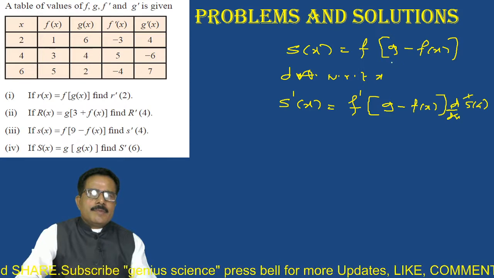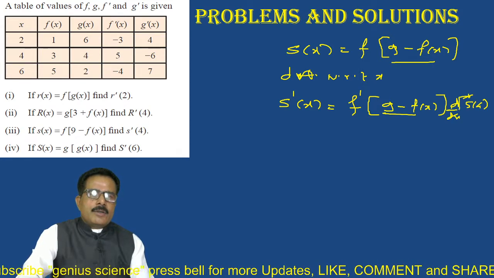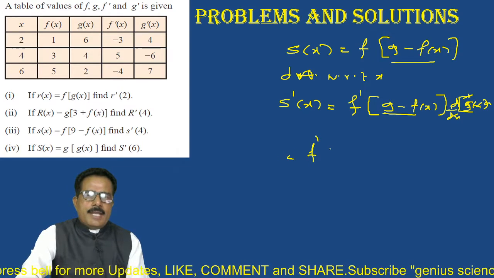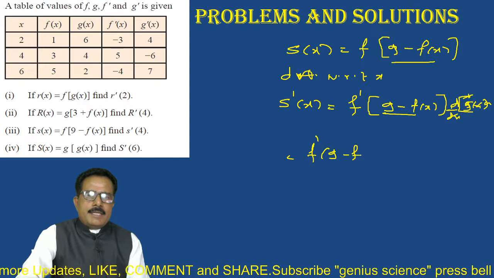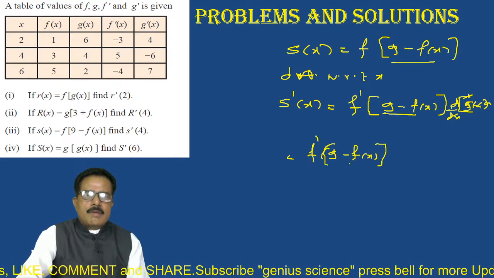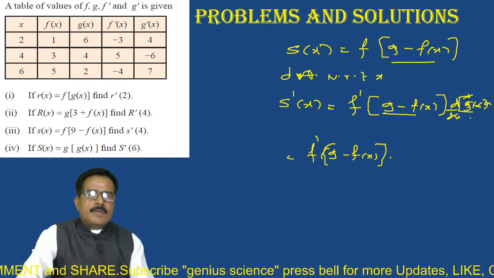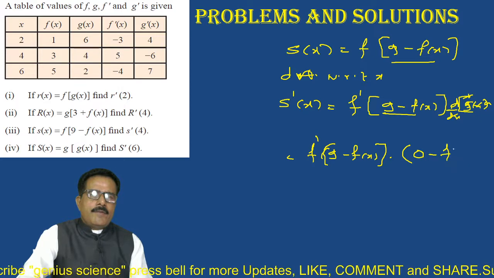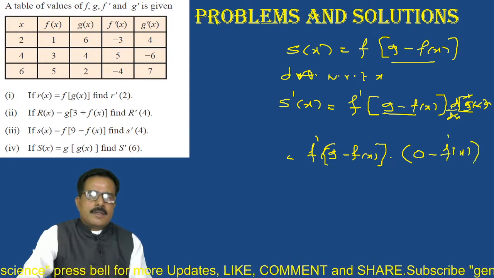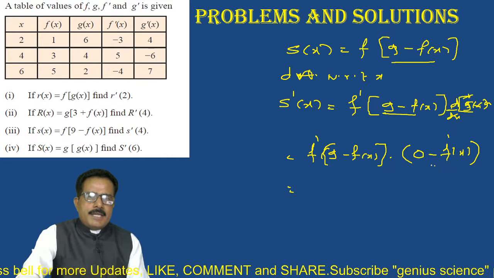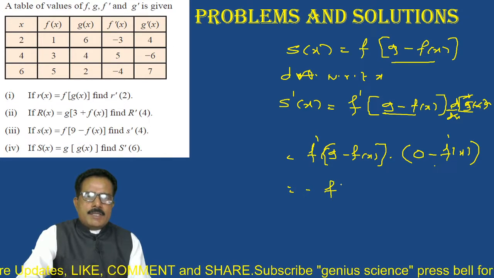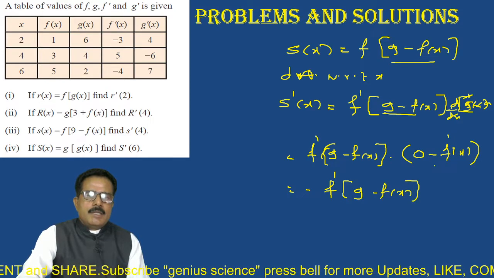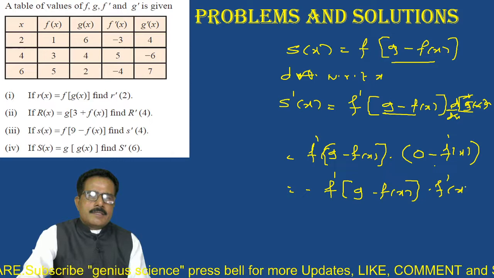Derivative of the first function, keep the second as it is, and the derivative of 9 minus f of x is 0 minus f dash of x. That means s dash of x equals minus f dash of 9 minus f of x into f dash of x.